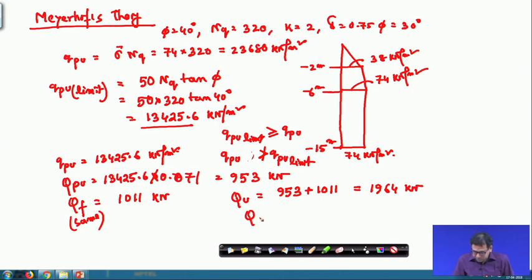So, Q safe is equal to 1964 divided by 2.5, that is equal to 785.6 kilonewton.